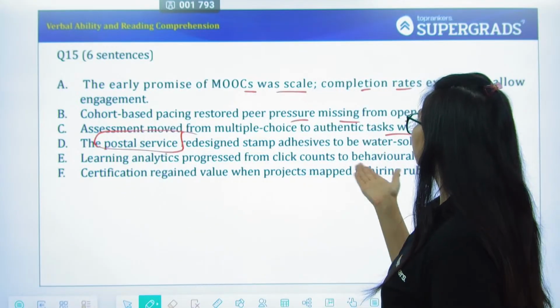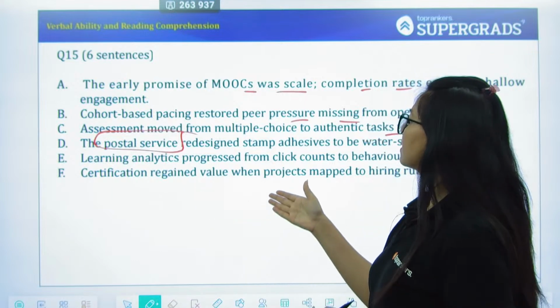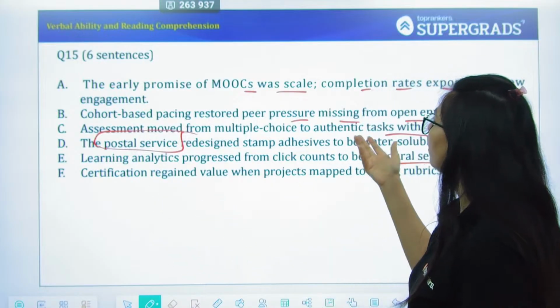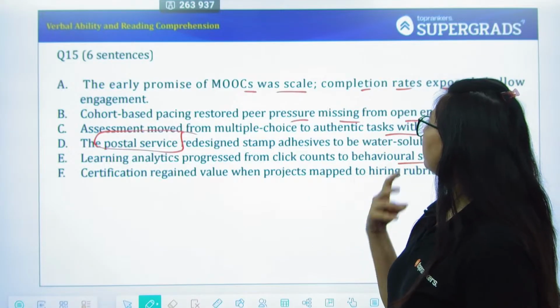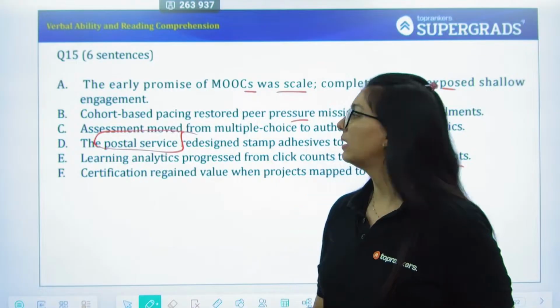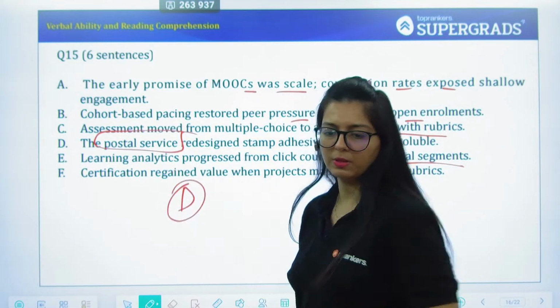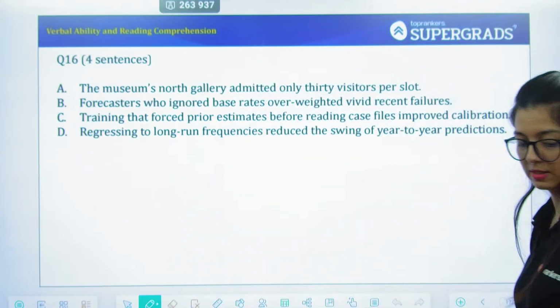Of course, that makes no sense here. Learning analytics progressed from click counts to behavioral segment certification. Okay, now all of this was about how the peer pressure was missing. This is all about the enrollment, the assessment. It has nothing to do with the postal service. So of course that is what will have to be your odd sentence over here. On to the next one, please. 16th.